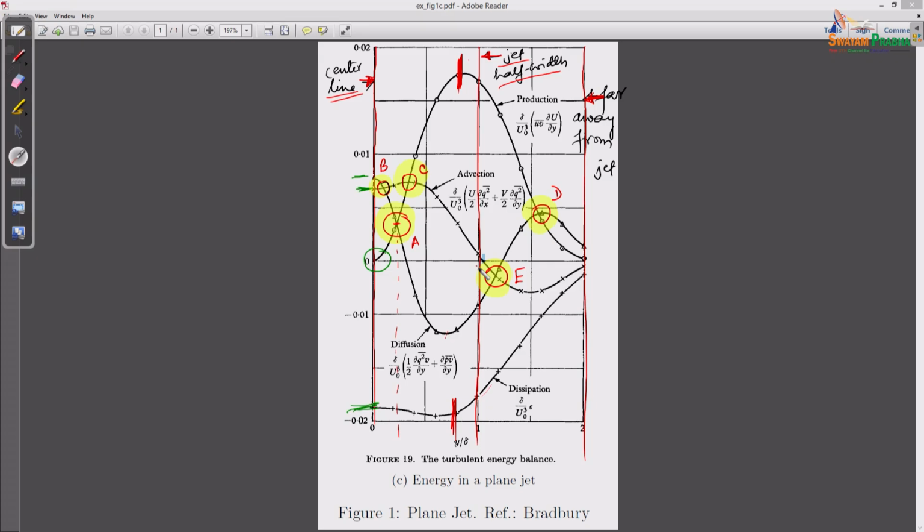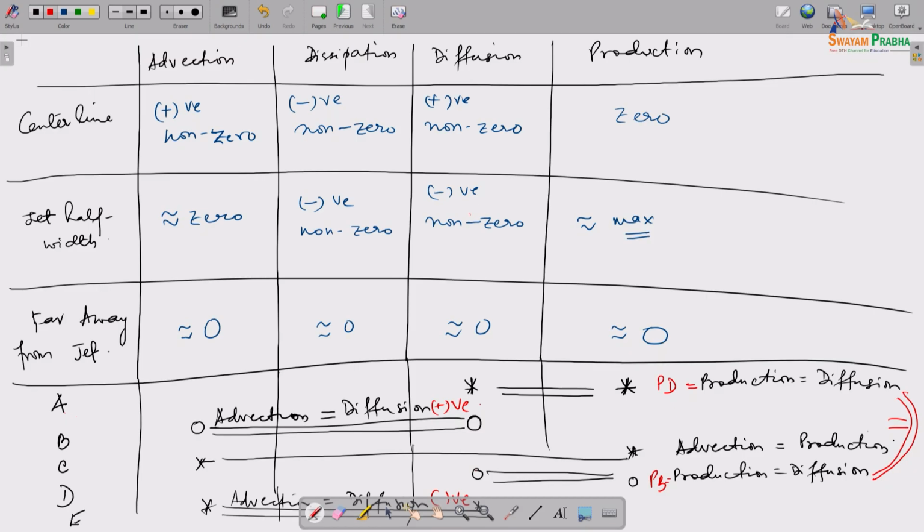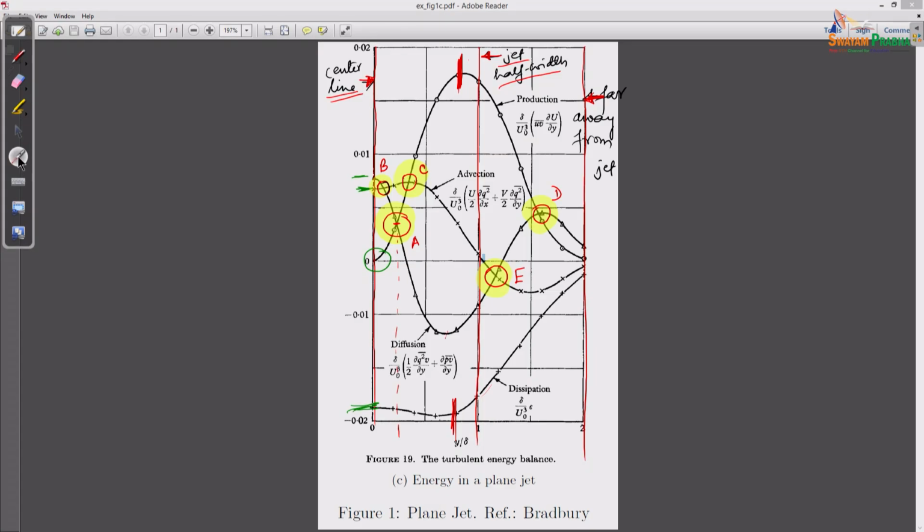On the other hand, however, we have the point B as well as E. If you look at B and if you look at E, advection is equal to diffusion. So at both places advection is equal to diffusion, but the values are different.